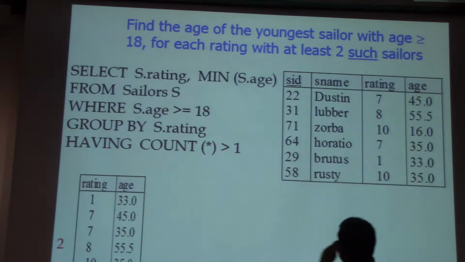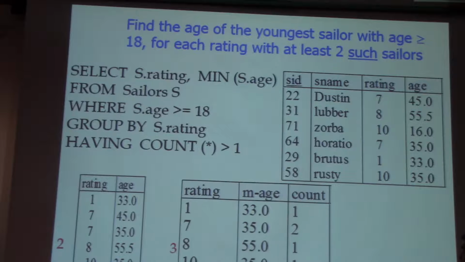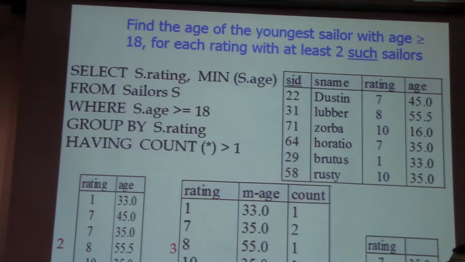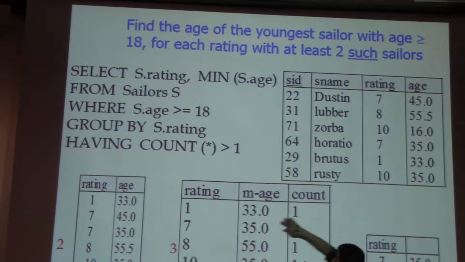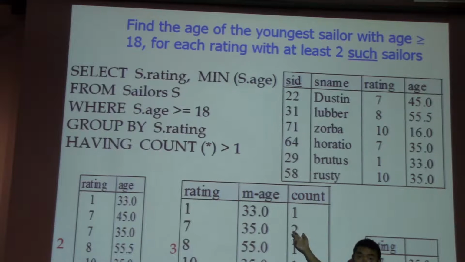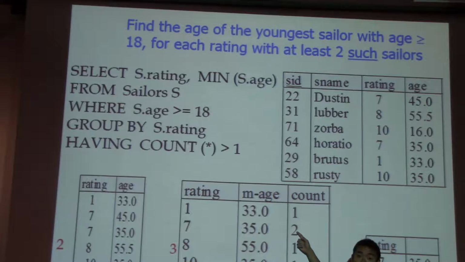So let's run through the example. We do this, this is the same as before. You calculate the condition for the having clause, and you project the final output. In this case, only one goes to the output, because that's the only group with more than 1 sailor.